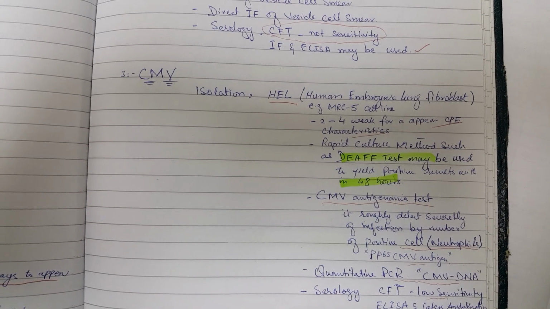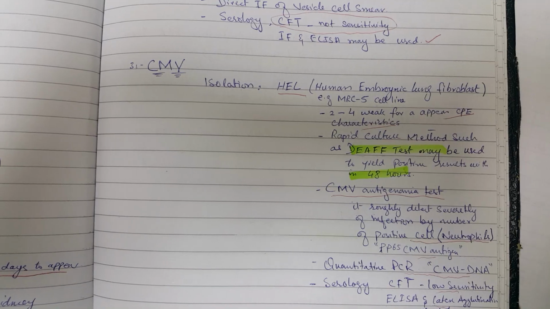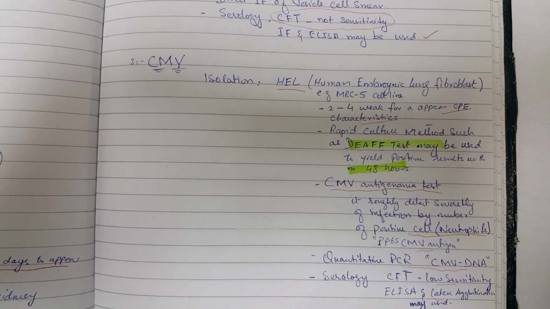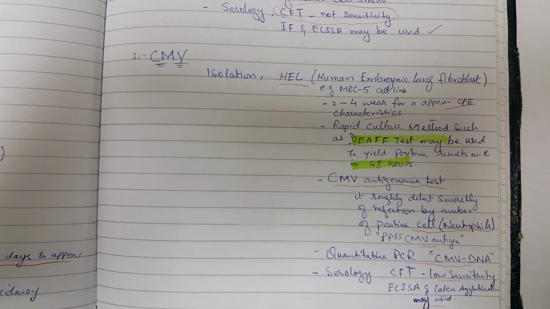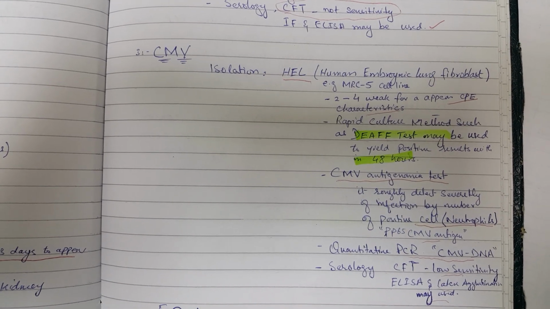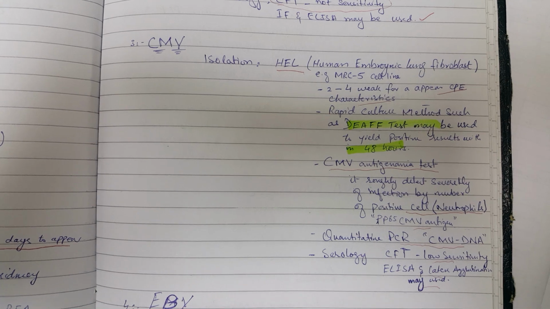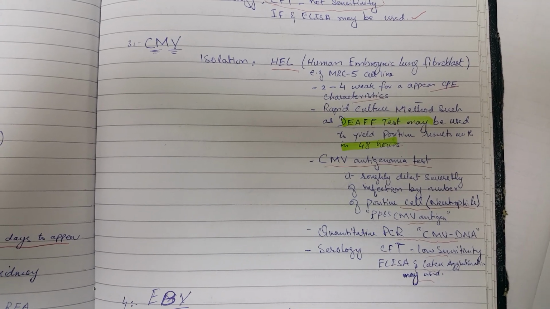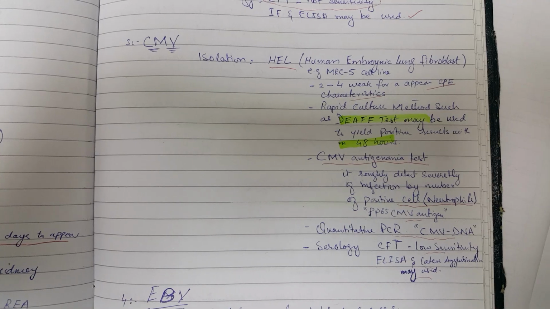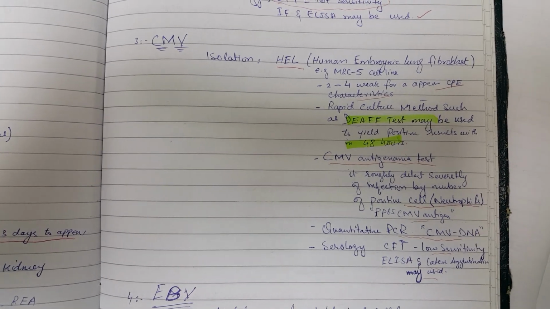The cytomegalovirus antigenemia test roughly detects severe infection by the number of positive neutrophils with pp65 cytomegalovirus antigen. Quantitative PCR for CMV DNA can be used, and serology by complement fixation test again has very low sensitivity. ELISA and latex agglutination may be used in case of cytomegaloviruses.